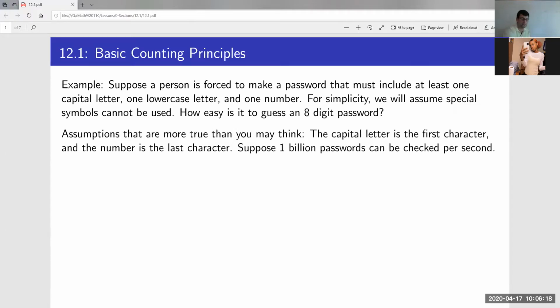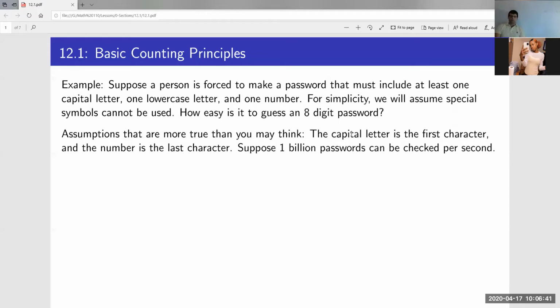Suppose a person is forced to make a password that must include at least one capital letter, one lowercase letter, one number. For simplicity, we will assume special symbols cannot be used. How easy is it to guess an 8-digit password?